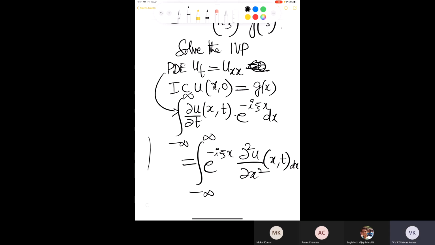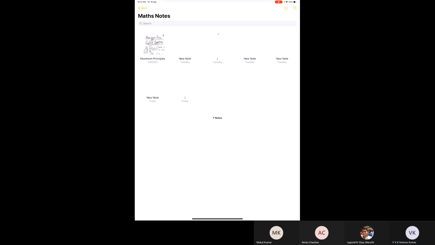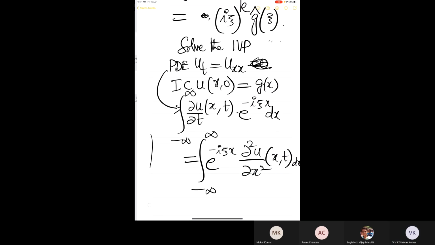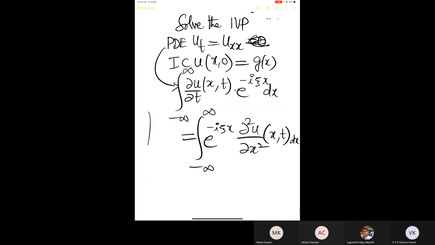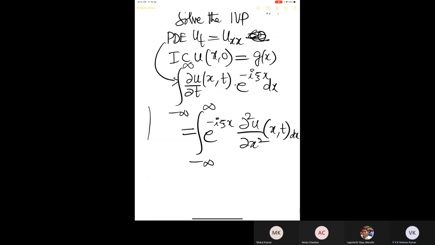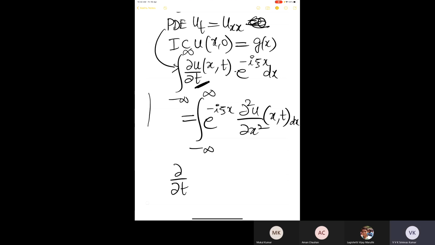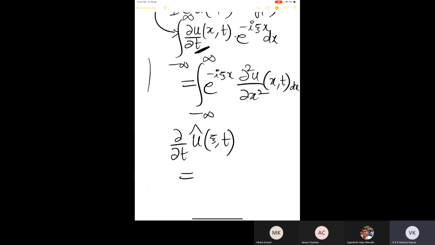So the derivative is pulled out, and we have the Fourier transform at xi and t, equal to the Fourier transform of two derivatives.